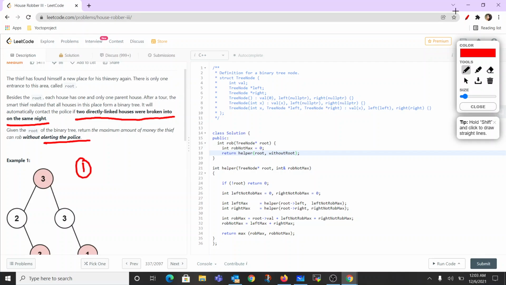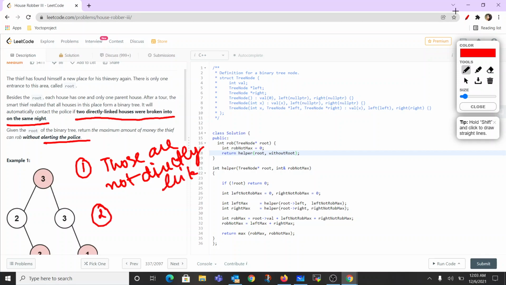And the second thing, we need to maximize our profit, or basically not profit but money, maximize the money. So these are the two conditions which we are required to fulfill in this particular question.